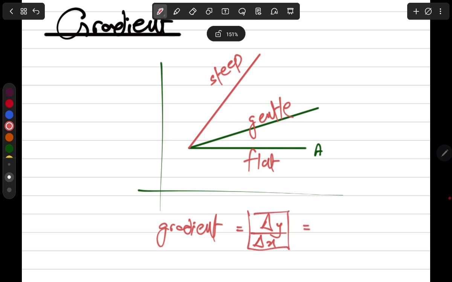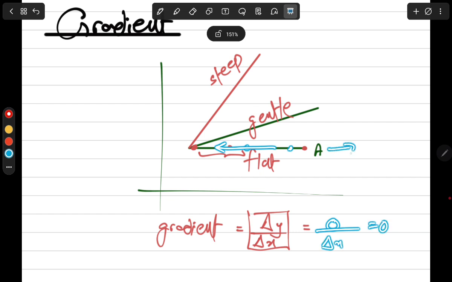As we can see in this road A, whatever change is there in the x quantity, whether you're moving from here to here, or you're moving backwards from here to here, there is no change in y. So the change in y is 0 no matter what the change is in x. Therefore this is just going to be 0. So the gradient for A is 0, and change in y may be written as y2 minus y1, and change in x can be written as x2 minus x1.